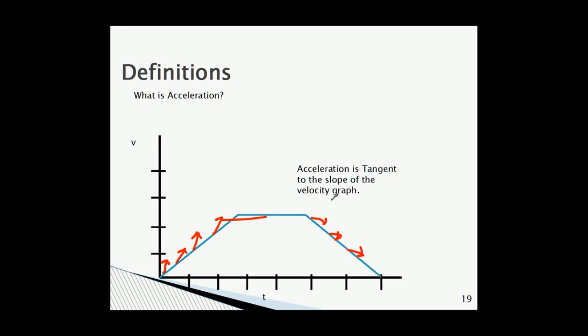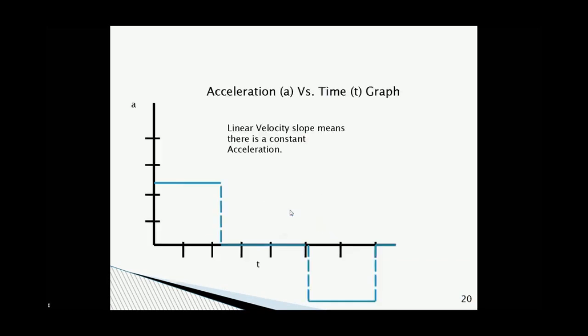Okay, let's look at acceleration graphically. Here you have an acceleration, which is represented by A on the vertical axis, versus time, which once again is represented by T on the horizontal axis graph. Okay, and we had a linear velocity slope in the previous slide, so we have a constant acceleration from this point to this point.